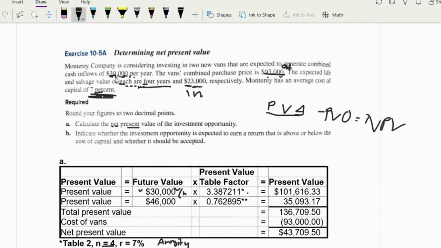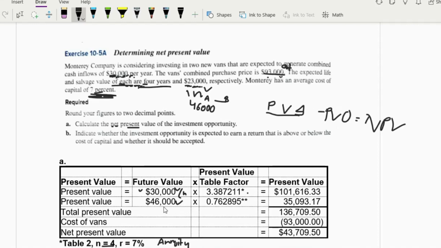So one inflow is this every year, and 23,000 at the end of the life in form of salvage value. So after 4 years, only one time we will receive 23,000 for van A, also 23,000 for van B, because they said each. So together we will be receiving 46,000 for both vans, right? So 46,000.